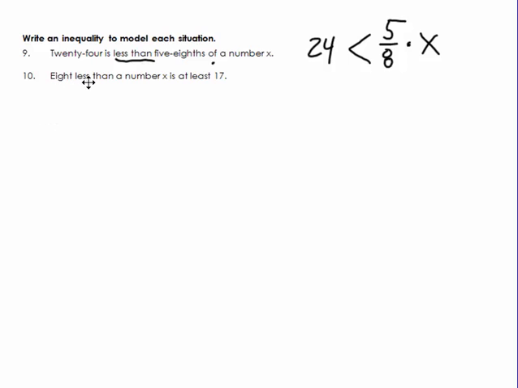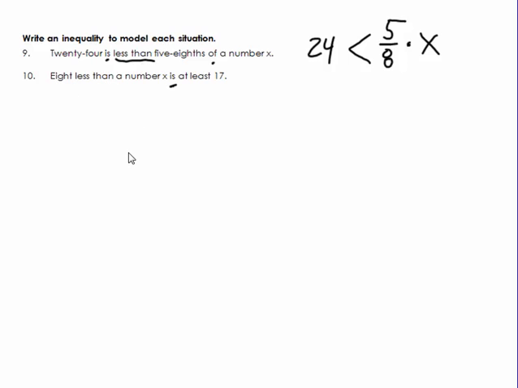Now we have 8 less than a number x is at least 17. Notice here's my is. Very important for is, because it says 8 less than. My initial reaction is 8 less than, but is has a big role to play in all of this.